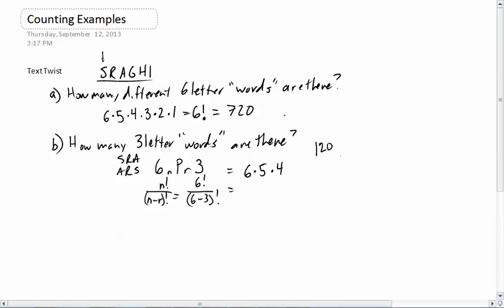3-letter words. Okay, now let's ask another question. Let's say letter C. Let's say how many 3-letter combinations are there? Right? So let's say that we put all 6 letters in a bag and I draw 3 of them out and I just look at them.